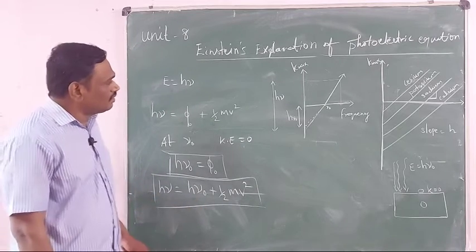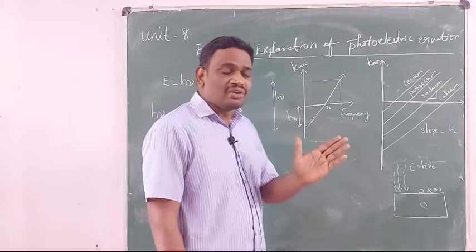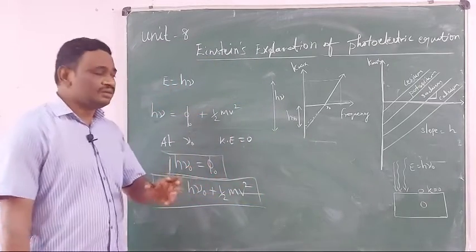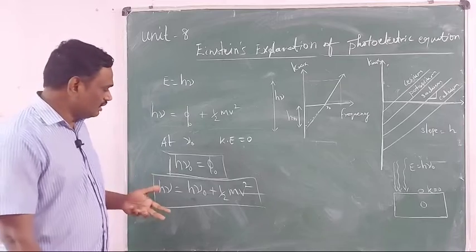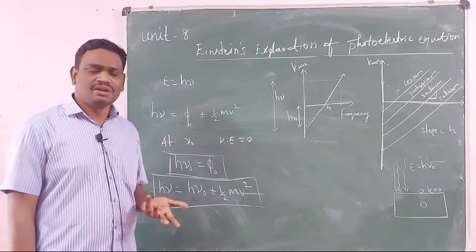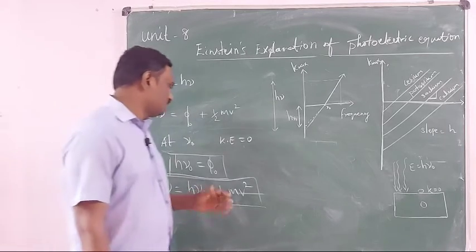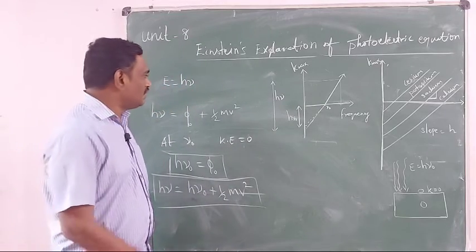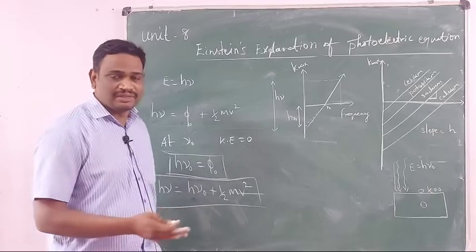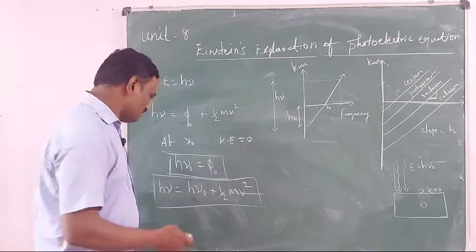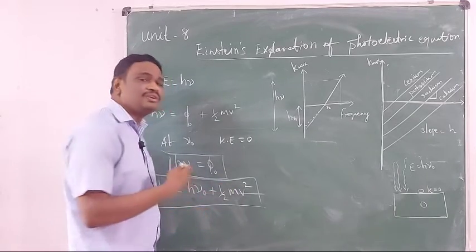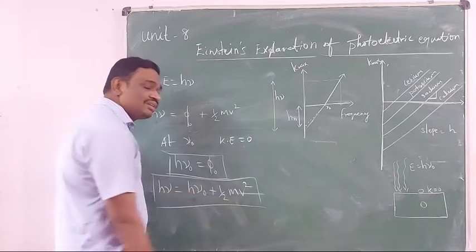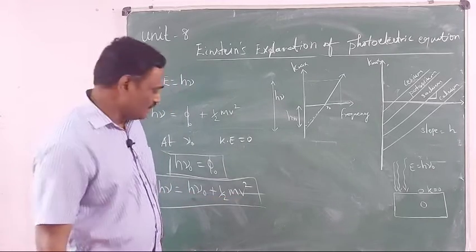If the emitted electrons do not lose energy due to collision, then the entire energy of the electron will be kinetic energy. If there is no energy loss during the emission of the electron from the metal surface due to collision, then the emitted electron will have fully kinetic energy, so that the electron will travel with the maximum velocity.